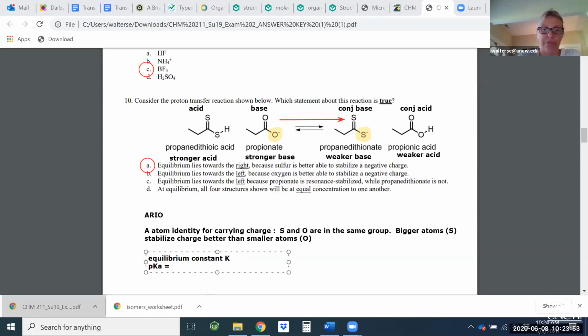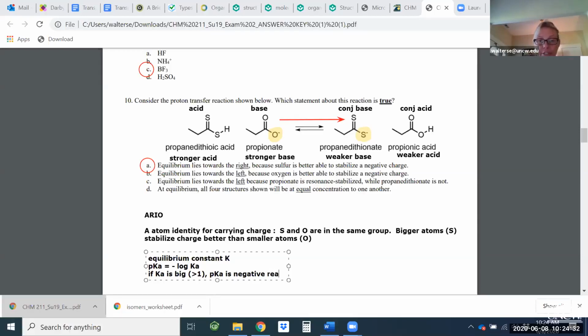pKa is equal to the negative log of Ka. If Ka is big, pKa is small, pretty much negative. So if K is greater than 1, and that's very big, because things like strong acids will have K values of like 10, 15, 20,000, huge numbers, then the pKa is negative.